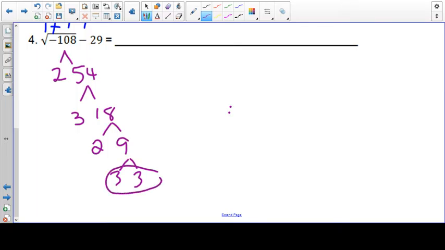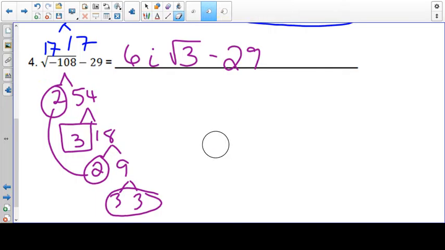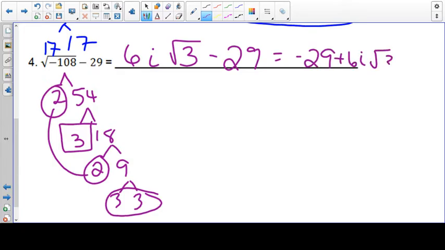So I have 3 come out, and I have this 2 come out. So I have 3 times 2, which is 6. So I have 6i with a little 3 hanging out inside. Minus 29. Now I want to rewrite that so the real part is first. Real part meaning not with i. So that's negative 29 plus 6i root 3.